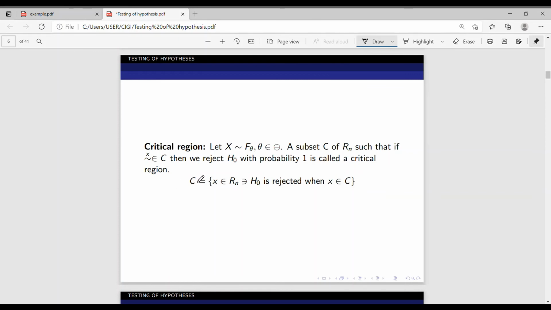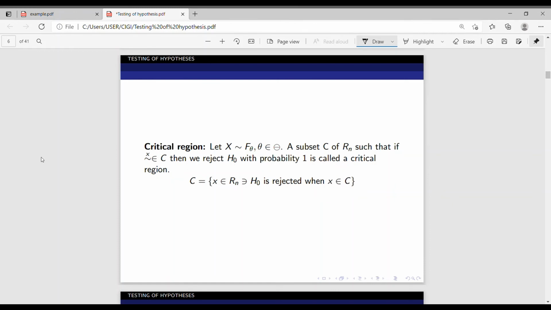So capital C is actually a subset of Rn such that if our sample point belongs to the region capital C, we reject the null hypothesis with probability 1. So capital C is the set of all points in Rn such that we reject the null hypothesis if the point X belongs to the region capital C.